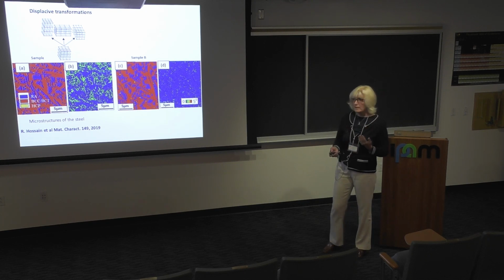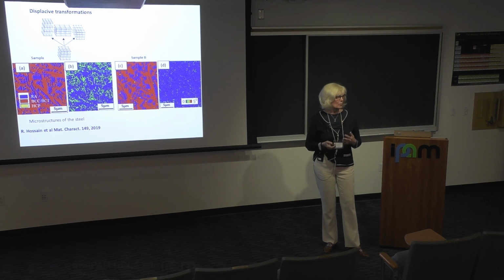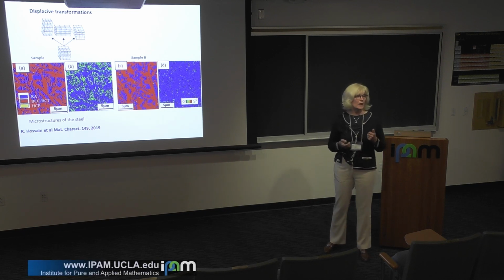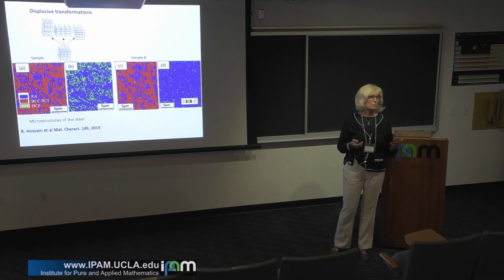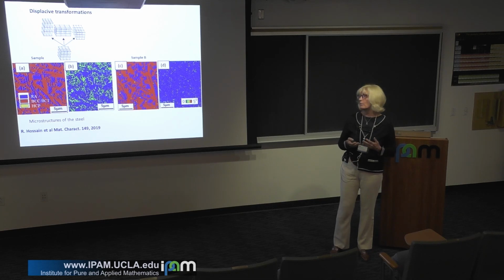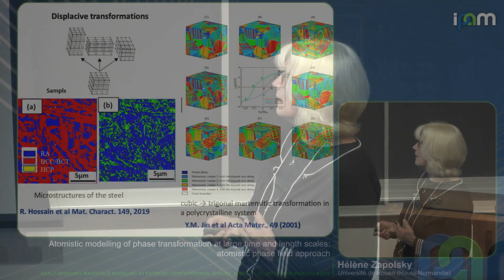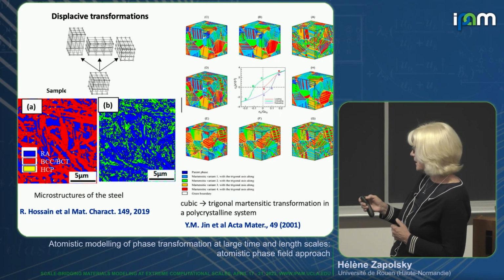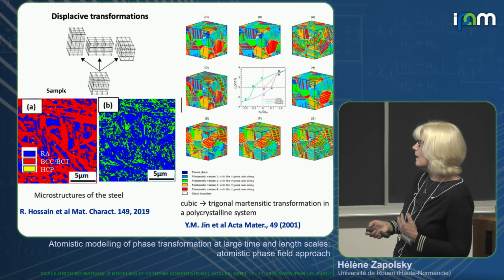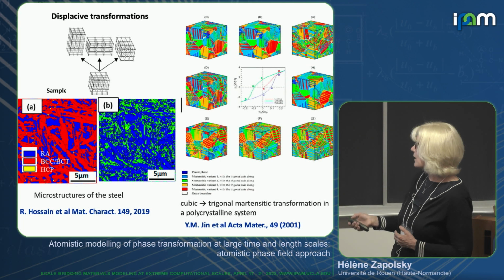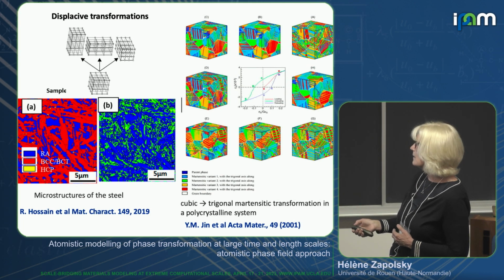To really understand what happens in steels is quite complicated, because first of all, we have the redistribution of the carbon atom, which is also a main element of steels, plus this displacive phase transformation. However, traditional phase field modeling, again at mesoscopic scale, is now able to describe, for example, the growth of the martensite phase in the polycrystal.